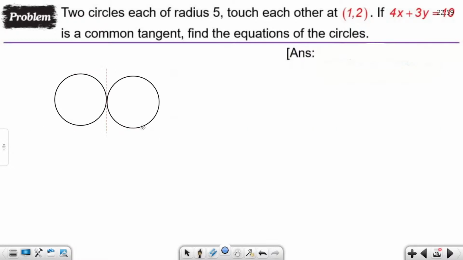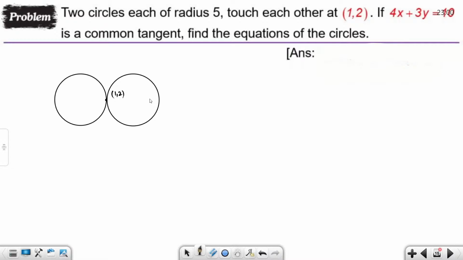These two circles are touching each other at this point, and this point is nothing but 1, 2. They have given that 4x plus 3y equals 10 is a common tangent, and we can easily see that this point 1, 2 satisfies the given equation.